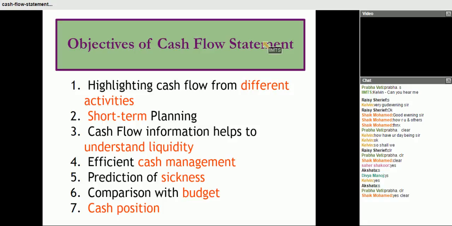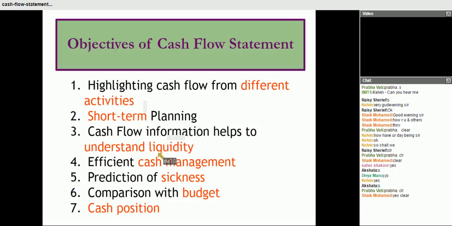Now, objectives of cash flow statement. Why do we need a cash flow statement? Highlighting cash flow from different activities. Right. So with the help of cash flow statement, we can highlight the activities in which the money is being heavily spent or money is being heavily received. Right. Short-term planning. Cash flow information helps to understand the liquidity. Right.